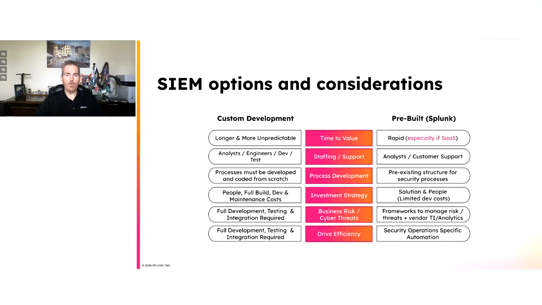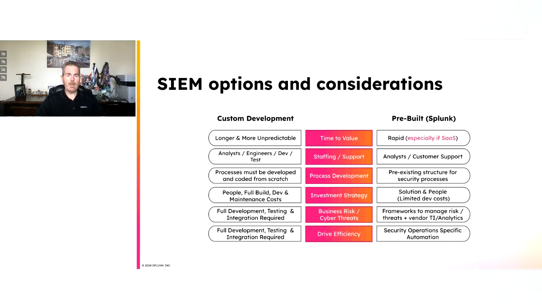Also, having something that's pre-built allows you to focus on just hiring the analysts and having some kind of support, rather than having a full staff of engineers, developers, and testers to constantly evaluate the product, make changes, and retest it. So there's a lot of cost savings there as well.